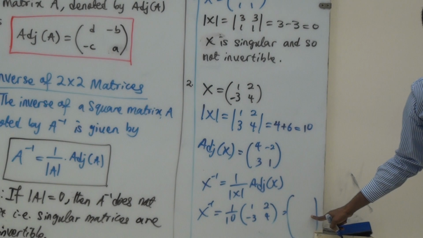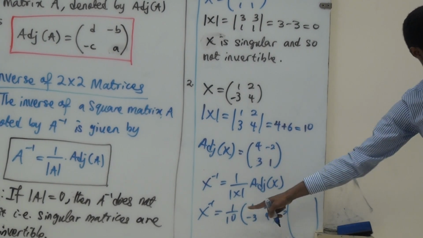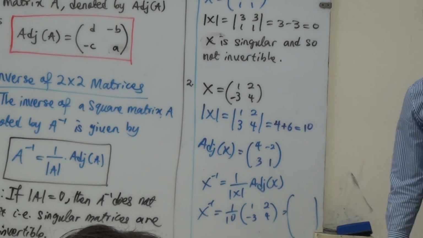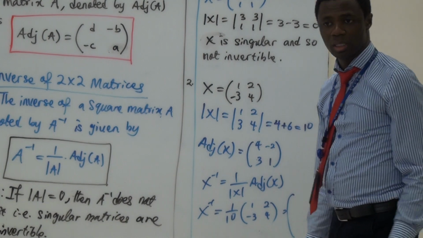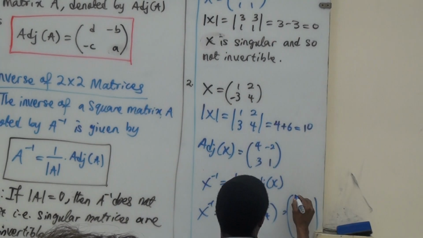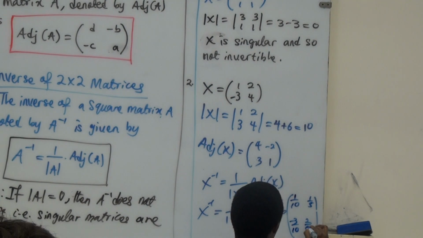Does it make sense? You know this is scalar multiplication. So if 1 over 10 multiplies each element, you write the fraction involved. Or sometimes you can leave it in this form. Does it make sense? Any questions, please? Alright, this is where we call it a day. I'm just going to write the fraction. 1 over 5, negative 3 over 10, 2 over 5. That's it.